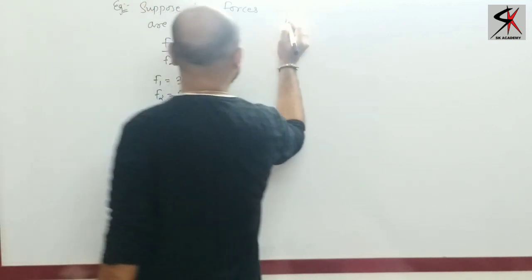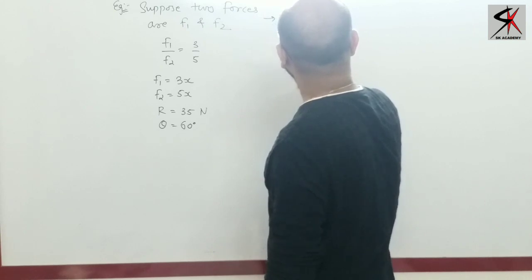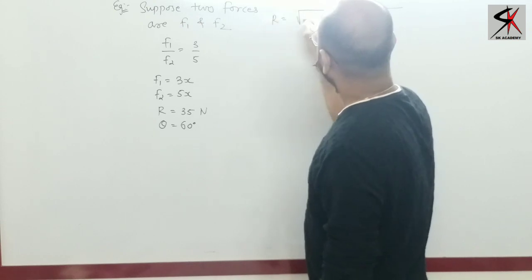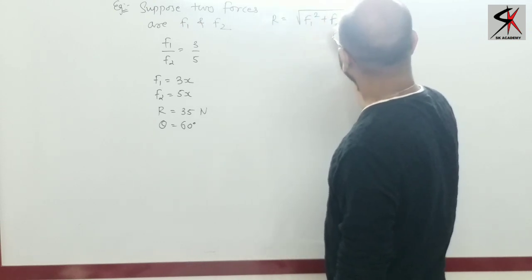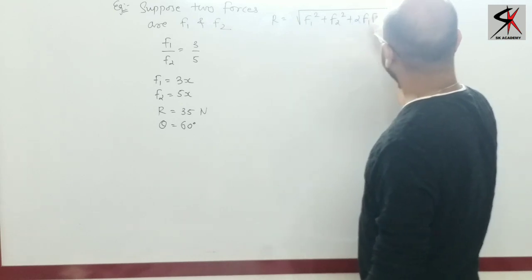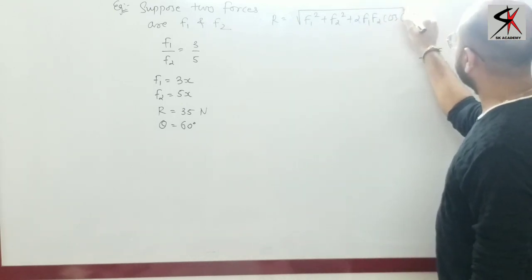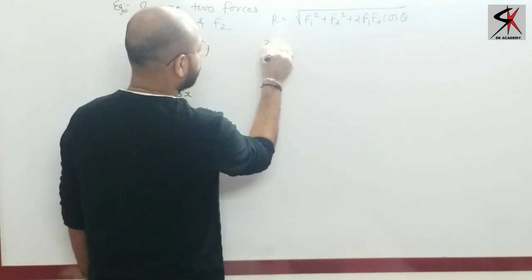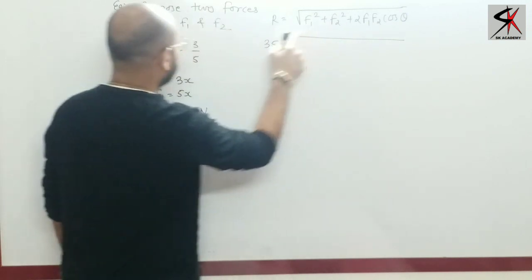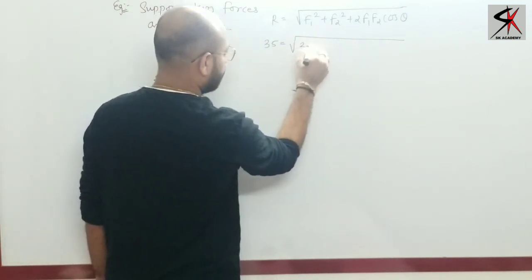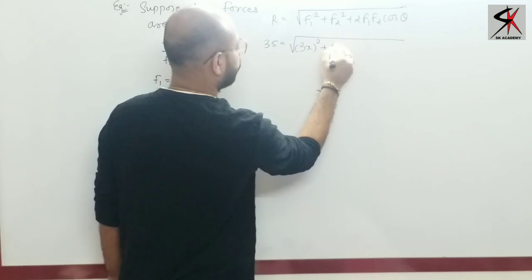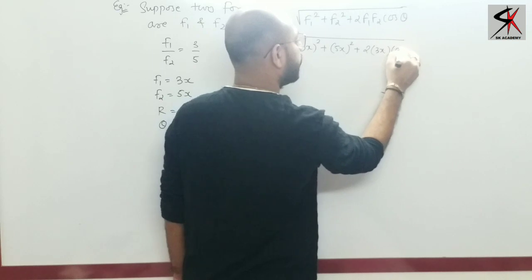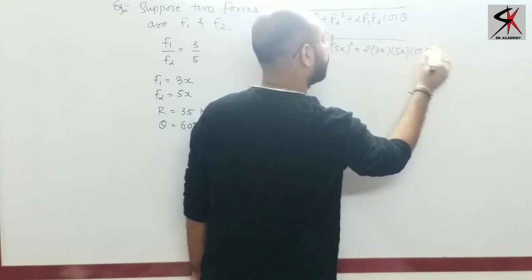So now from the equation, R equals under root F1 square plus F2 square plus 2 F1 F2 cos theta. Here theta equals 60 degrees, R equals 35. So 35 equals under root, what is F1? It is (3x) whole square plus (5x) whole square plus 2 into 3x, 5x, and cos 60 degrees.